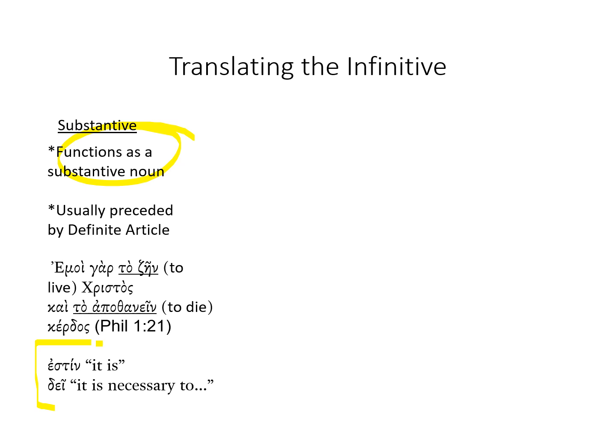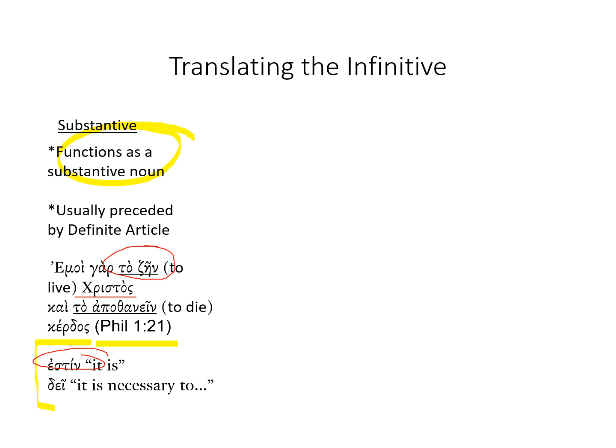Here in Philippians 1:21, emoi gar to zein Christos, kai to apothanein kerdos. Familiar passage. To live is Christ, to die is gain. Well, we have an implied estin here. And what is the subject of estin? To zein. To live is Christos.